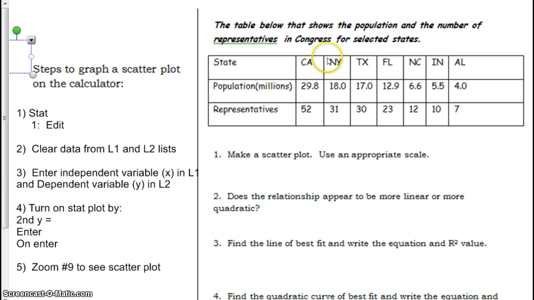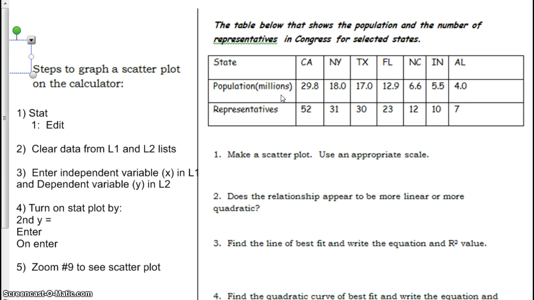Okay, so our data, if we think about what's represented here, we don't have all 50 states. We only have 6 or 7. Let's see, 1, 2, 3, 4, 5, 6, 7 states. We have the population and the representatives. As you remember from your government class, the population would be the independent variable.